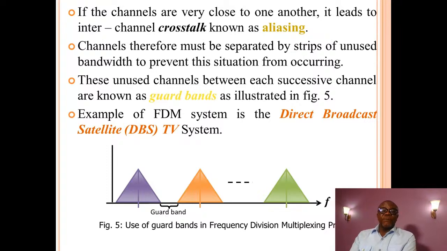So we continue. Channels, therefore, must be separated by stripes of unused bandwidth to prevent this situation from occurring. This is one way. There are other ways. But one way is to introduce what we call the guard band. When we did sampling, we called it gap band. And why did we introduce gap band?